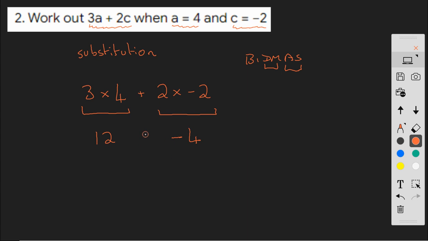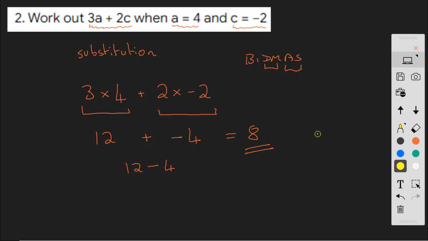So we end up with 12 plus negative 4, which equals 8, plus our negative number is the same as 12 minus 4, so that equals 8. So there's our answer there, 8.